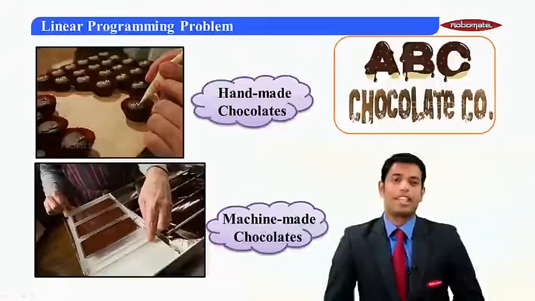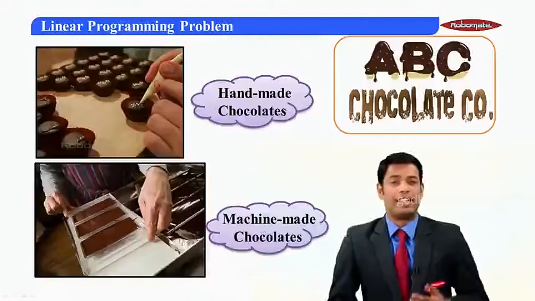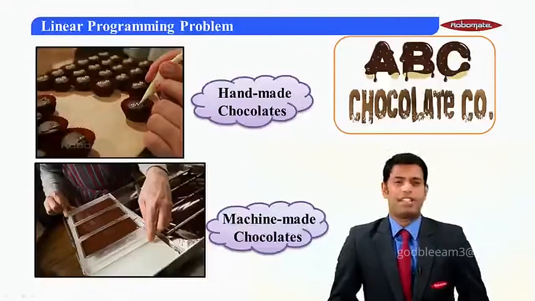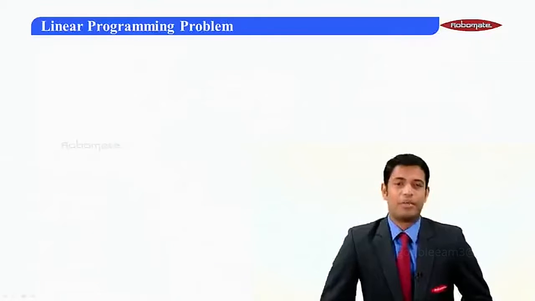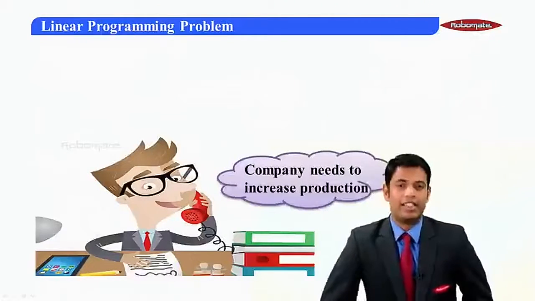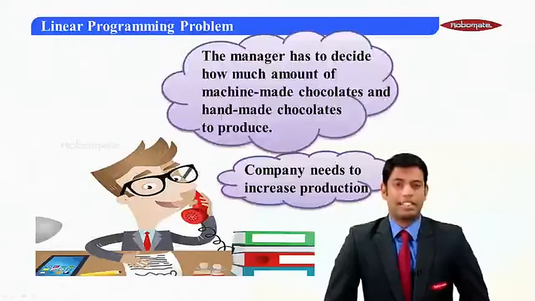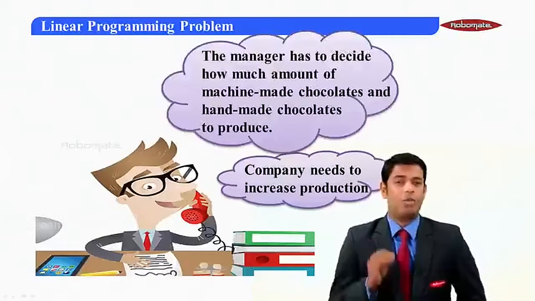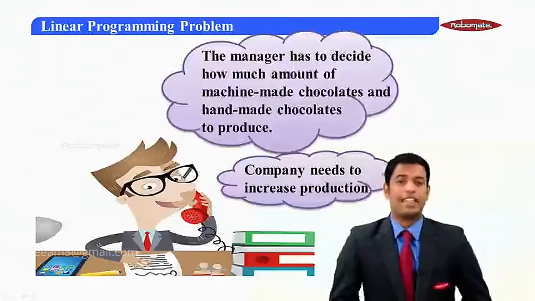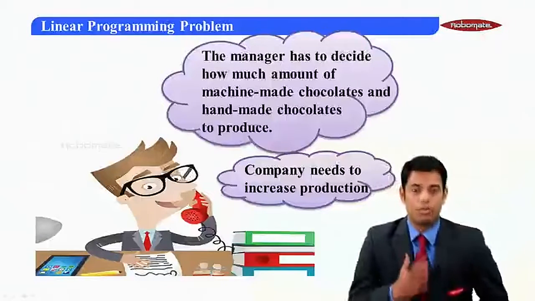Now suppose this ABC Chocolate Company wants to increase the production. Why? Suppose there is festive season coming and this company needs to increase its production. Now the manager of the company must decide exactly how much amount of machine-made chocolates and handmade chocolates to produce.